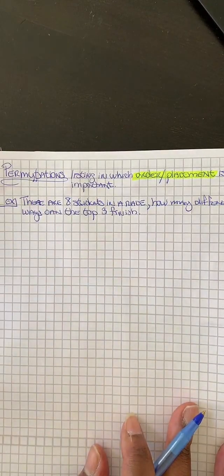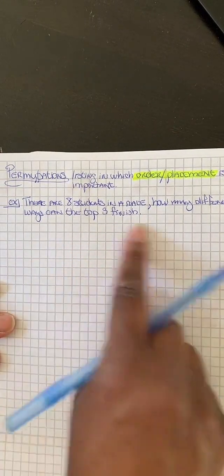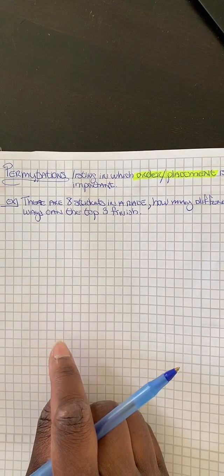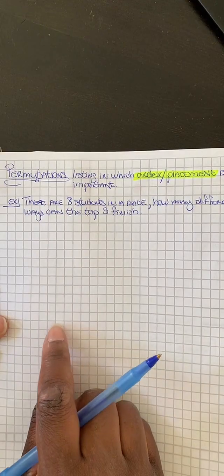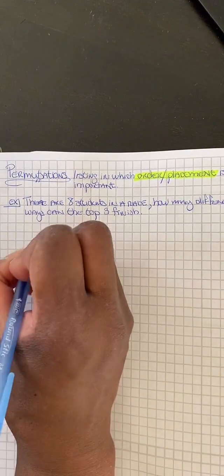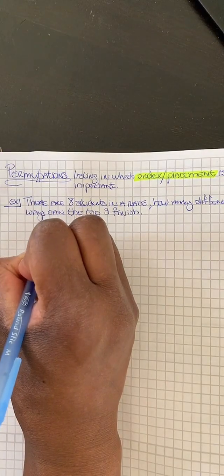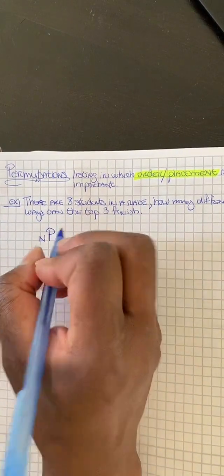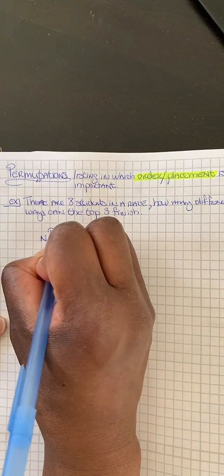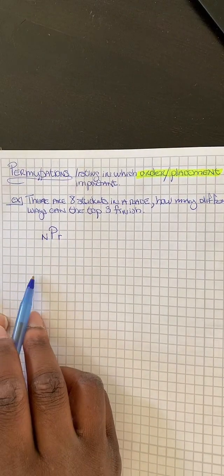So order is important. When we look at that, we could do a factor tree, or we can basically say it like this. Permutation is listed as the number of people that are in the race, we have our permutation sign, and then how many we're looking at. This is the symbol for permutation.